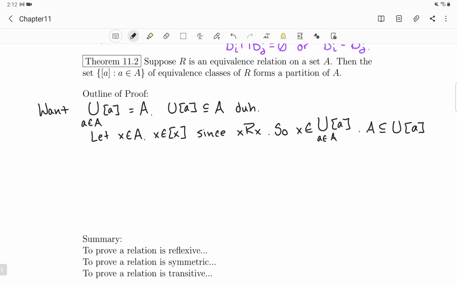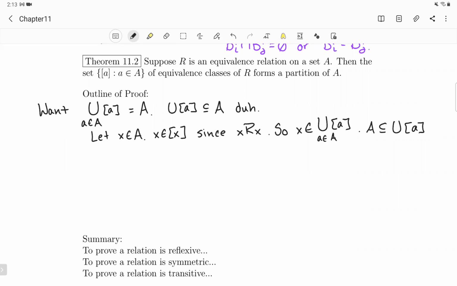Now, the thing to be careful about here, the equivalence class that x is in, there could be another name for it. Like 1 would be in the equivalence class of 1 in that example we did. 4 is also in the equivalence class of 1. It just happens to be the equivalence class of 4, right? I can call it that because they're the same thing.